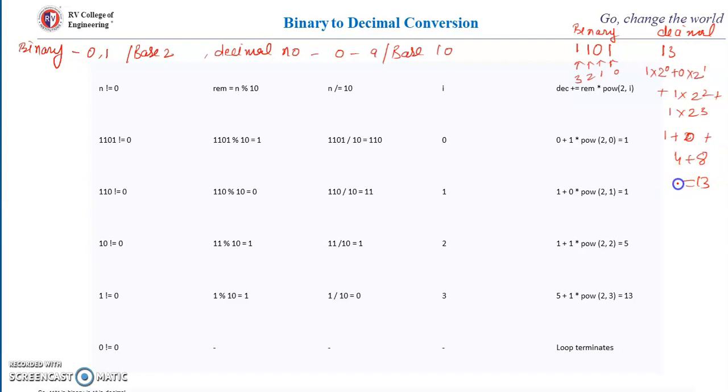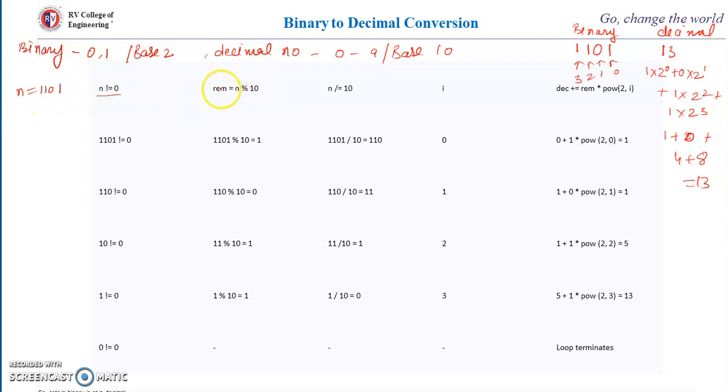Now we'll see the detailed procedure. This is the condition we'll be checking, where n is nothing but the number which we have entered, 1101. Until n is not equal to 0, we put the condition in a while loop, so the while loop will be executed until n becomes 0.